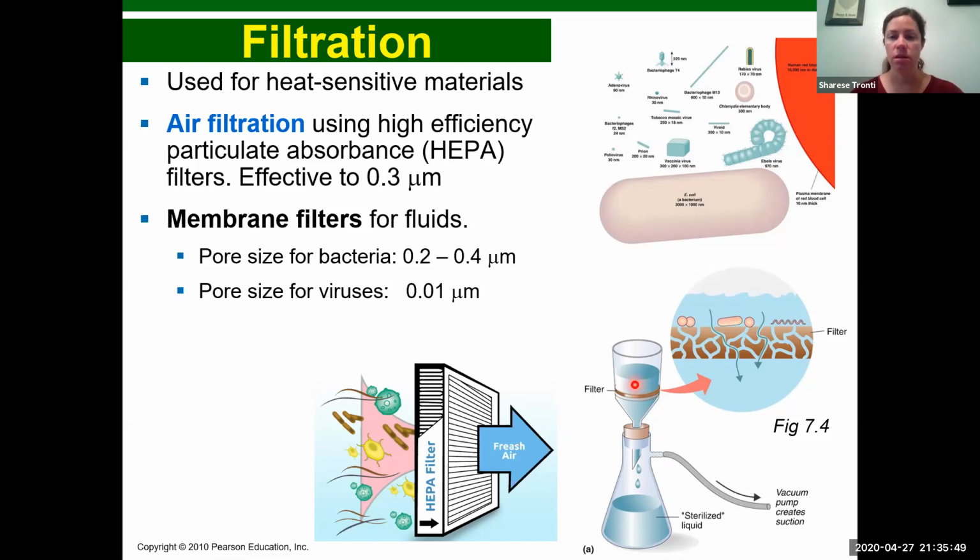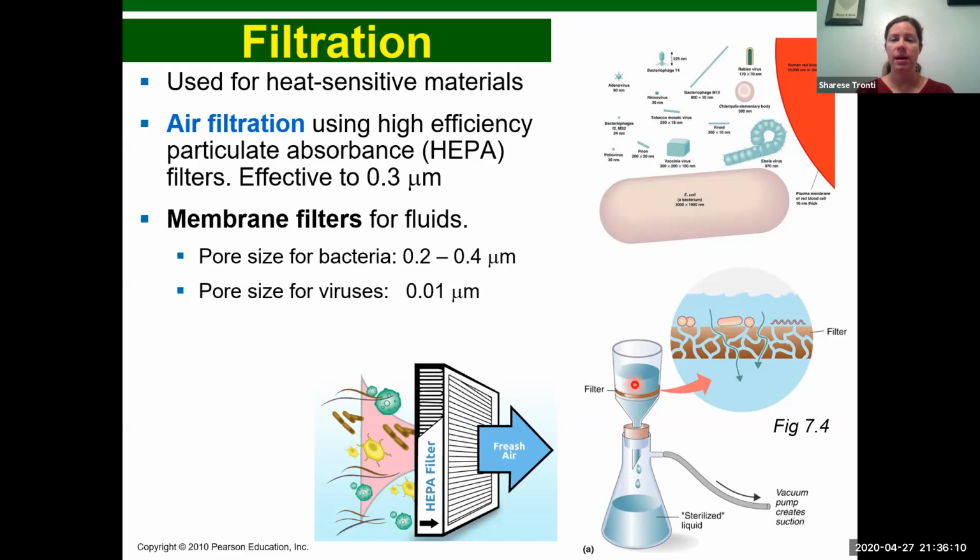Anything that is small enough will go through. So depending on your pore size, if you want to let proteins pass through, your filter will be small enough to make sure that none of the microbes go through, but still large enough to allow proteins to go through.